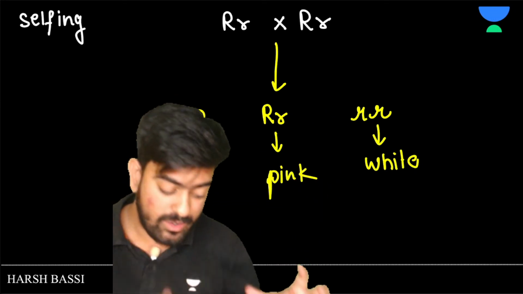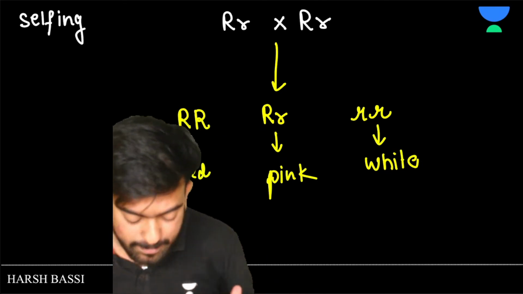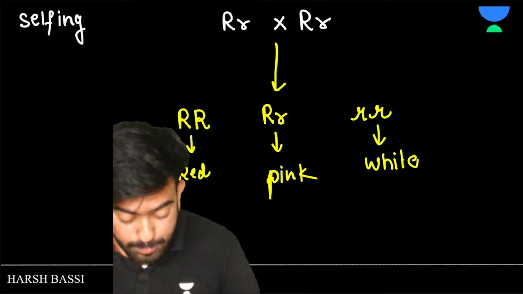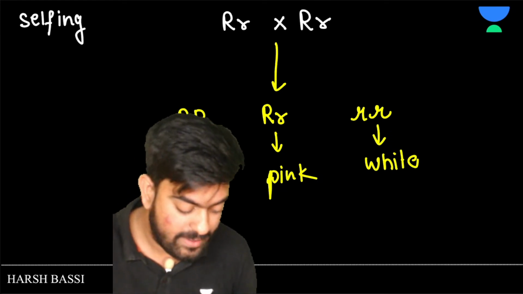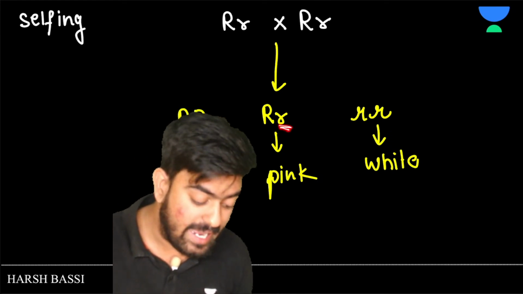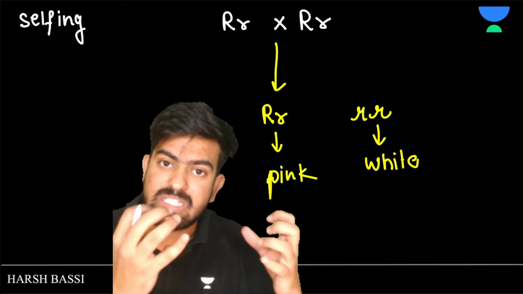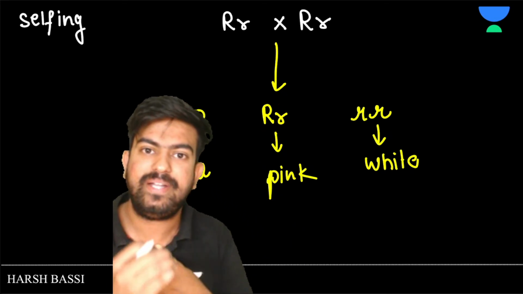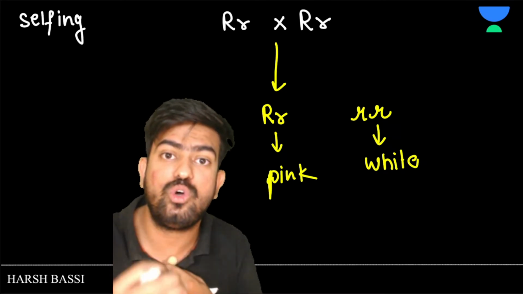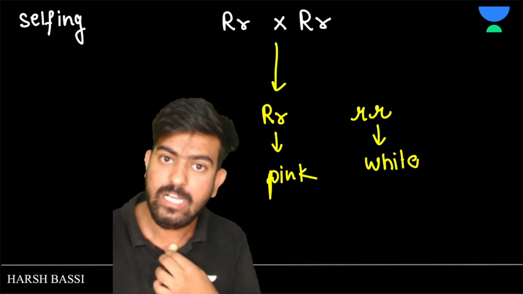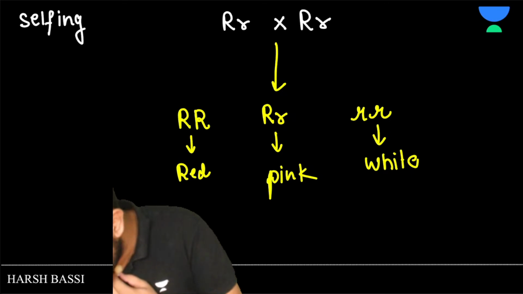That means what's happening here? It's basically in the presence of small r, in the presence of the recessive allele, capital R's strength is kind of decreased. Capital R is not able to show its full color, right? So this is what incomplete dominance is.